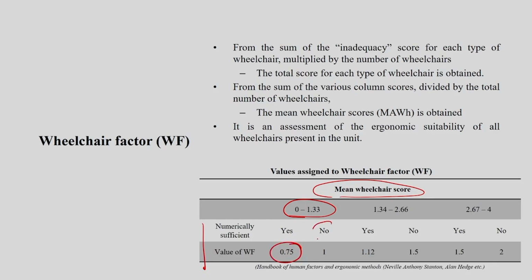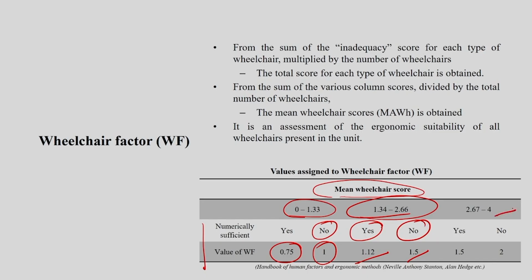If it is numerically not sufficient, then the value is this. If your score is lying between here and it is numerically sufficient, then the value is this. If it is numerically not sufficient, then it is this. Similarly for this range.